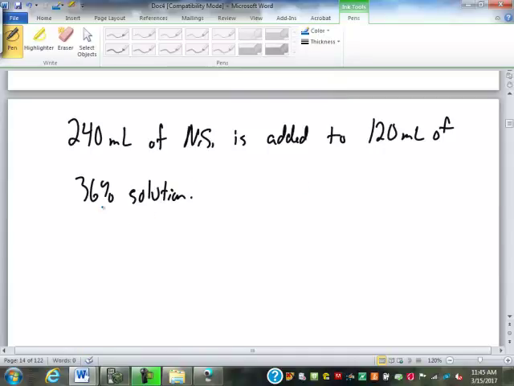So our old concentration is the 36%, so we'll just leave it as 36 times the old volume of 120 equals, we're finding the new concentration, so that's C2 times our new volume, however, is the original 120 milliliters plus the 240.